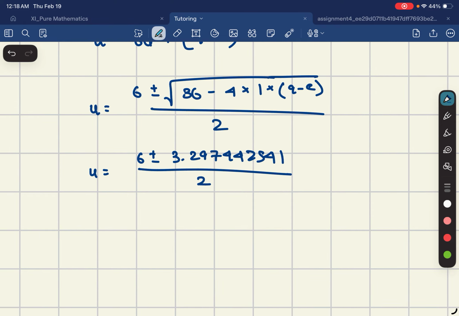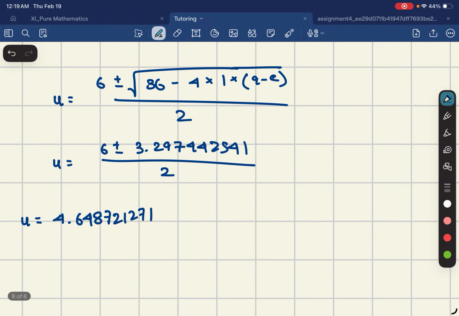So u, as you can see, is positive. If I take 6 plus the answer and divide by 2, I get u is equal to 4.6487, and we just want to write it in terms of 3 significant figures at the end.